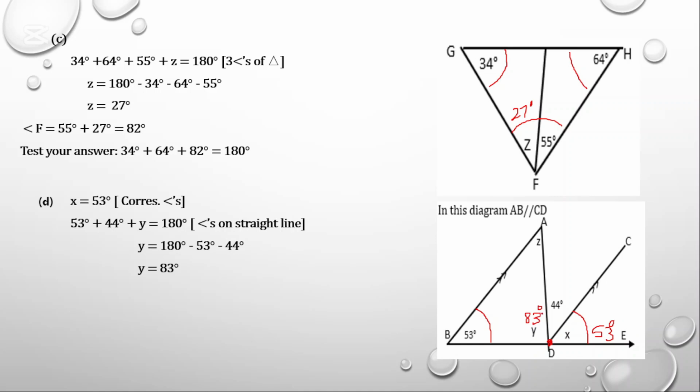There are two different methods to get to Z. Z and 44. You see there? Z is, there we have the two parallel lines, and this is the transversal over here.